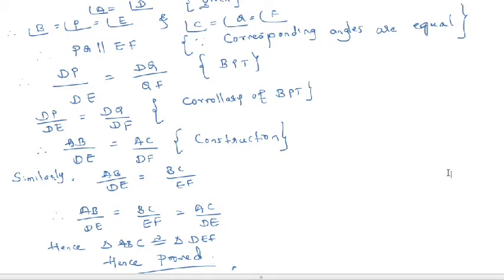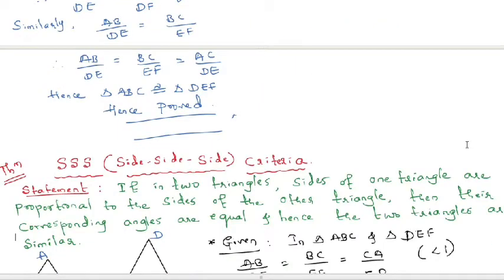Therefore, from the above, AB by DE is equal to BC by EF is equal to AC by DF. Therefore, triangle ABC is similar to triangle DEF, hence it is proved.